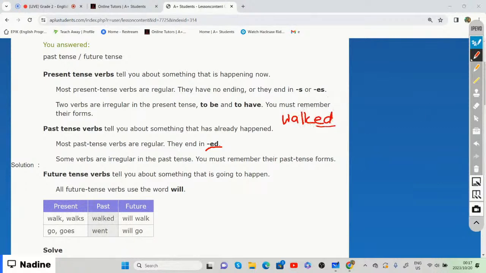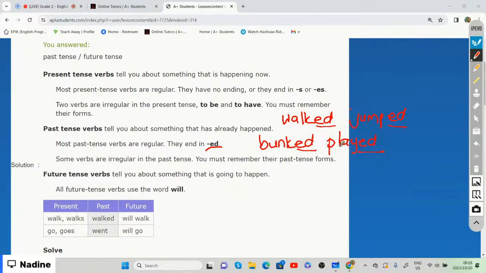I jumped over the fence. He bunked school. So we have walked, jumped, bunked. We played on the jungle gym. So these are just examples of regular verbs that end in ed.